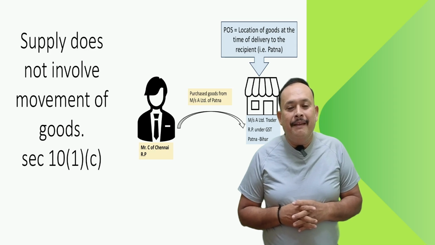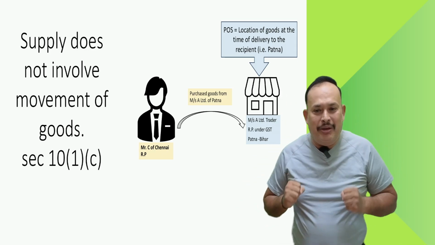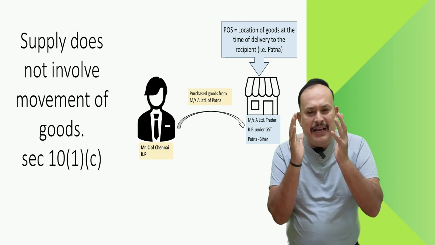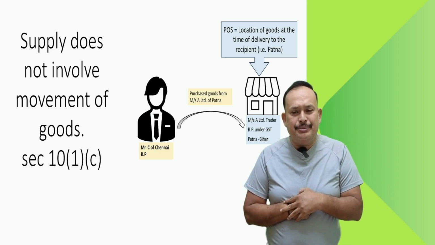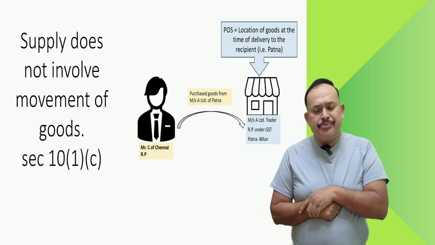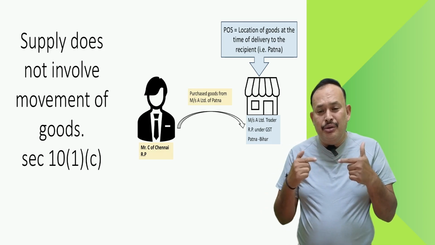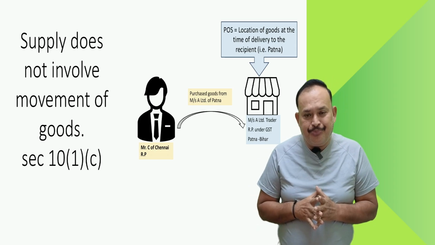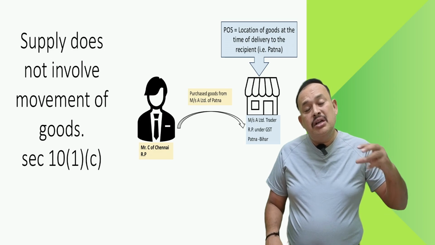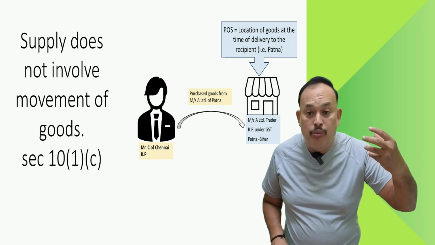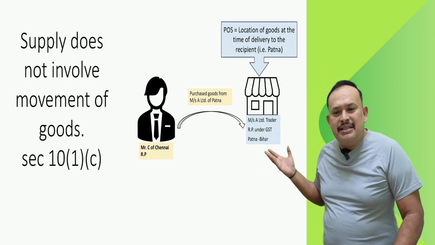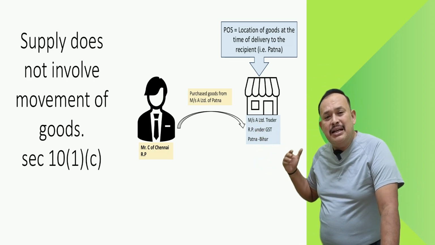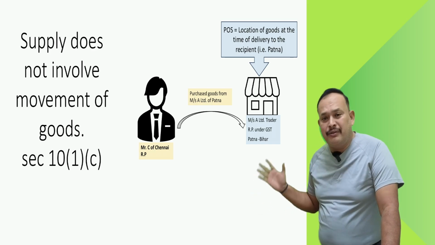Now, can you answer me a simplified point in the given case where I brought to your notice section 10(1) clause A, which talks about supply involves movement of the goods. Here I said supply does not involve movement of the goods.